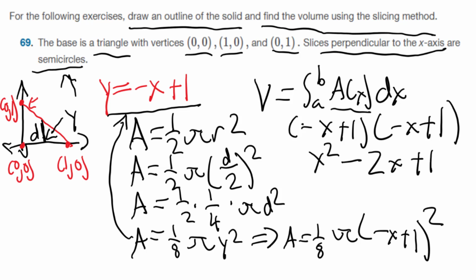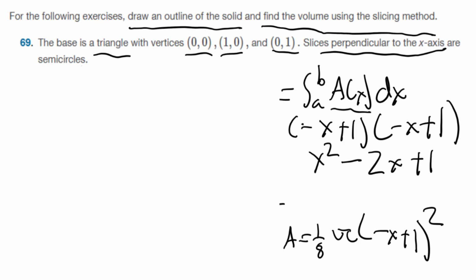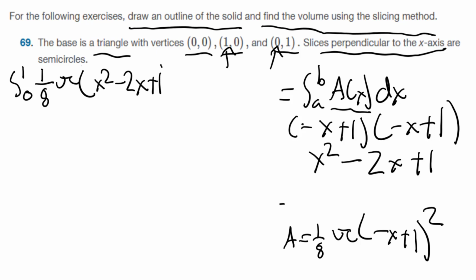So let's clear some room for this. The next step in this process is to start plugging the values in. Because it's from 0 right here to 1, it'll be the integral from 0 to 1 of A of x, which we now know is 1/8 pi times x squared minus 2x plus 1, the value we got from this.